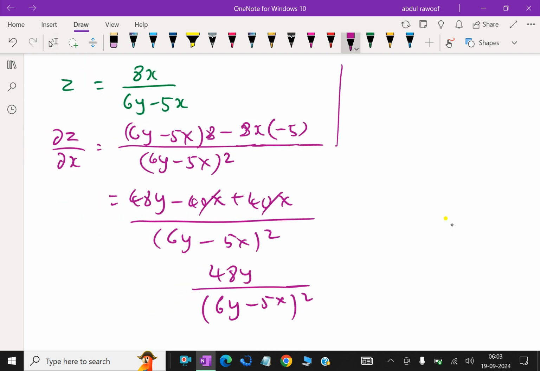Therefore here z is 8x over 6y minus 5x. Therefore here dou z by dou y.